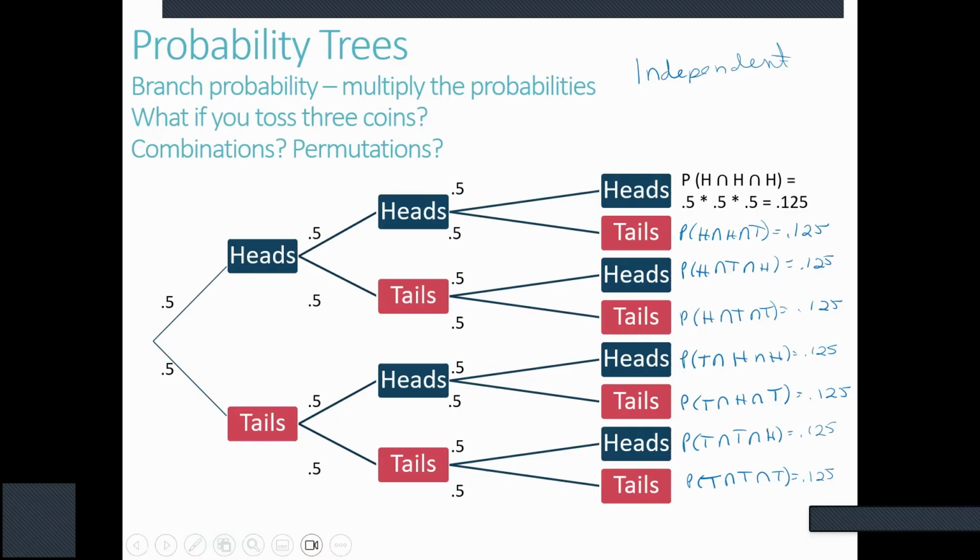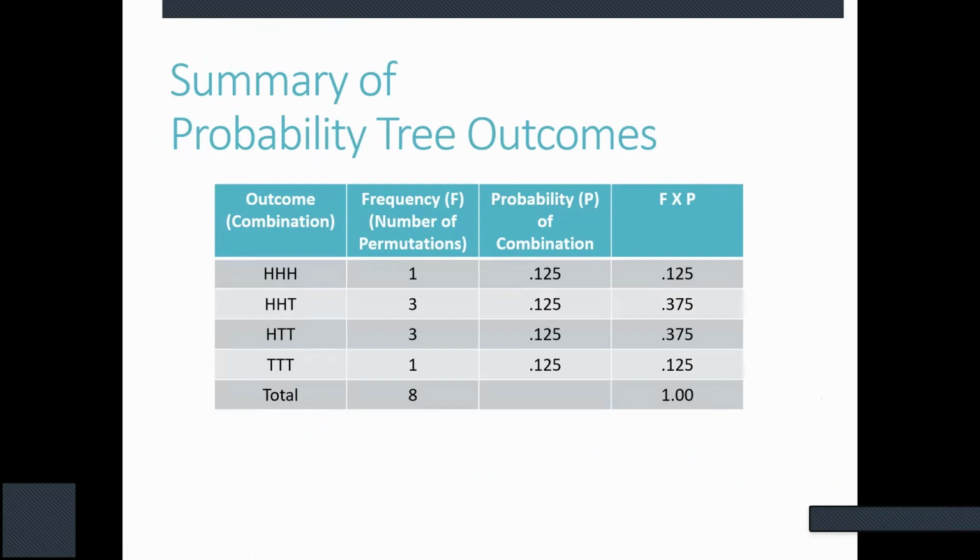Now we can summarize this with this little table. There are these things called combinations, and a combination is unique. So this is three heads, this is two heads, one tail, this is one head, two tails, this is three tails. And remember, there's only one way to get three heads and one way to get three tails. But there were three ways to get two heads and a tail, and three ways to get two tails and a head.